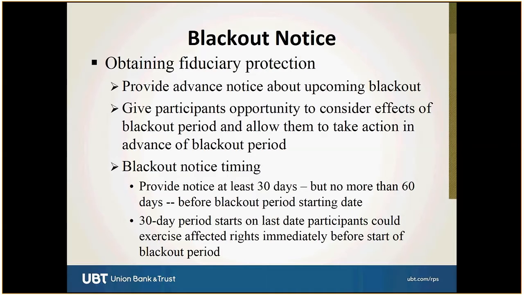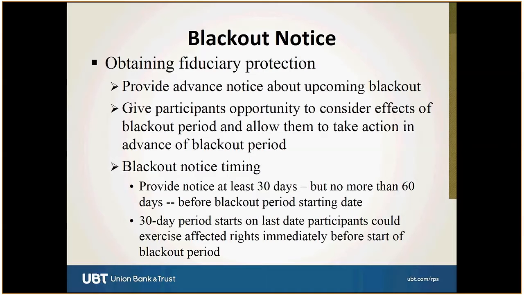So we're going to give advance notice. We're going to explain what's going on. Hey, you're not going to be able to receive a distribution for a certain period of time. So if you can't get a distribution, it's your distribution rights, for example, are temporarily suspended.